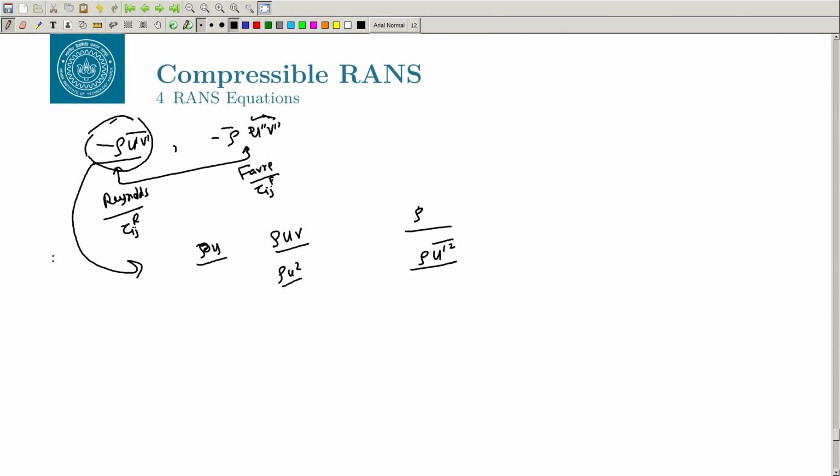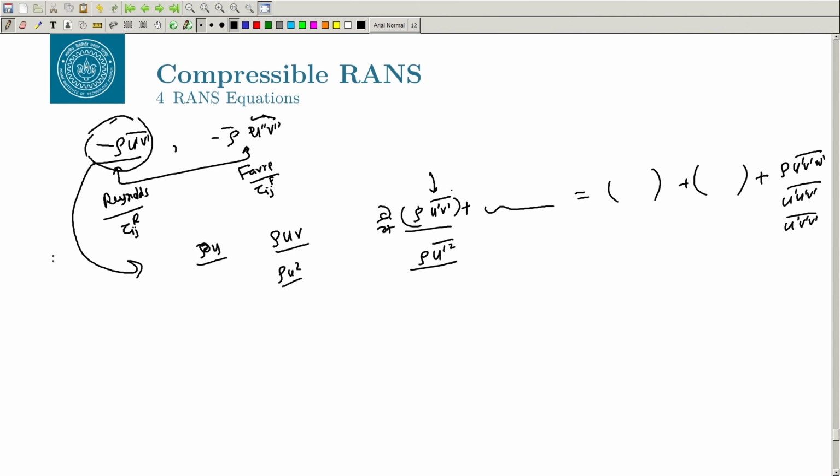So the top one will give you rho u bar v bar. You will get an equation with del by del t of this plus the transport of this, and there will be terms related to pressure and to your viscous stress. But then we will get a term with components like rho u prime v prime w prime bar. So you started with the double correlation and you end up with an unknown term, which is the triple correlation.